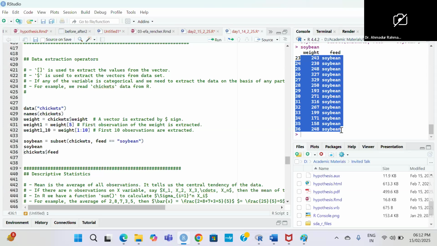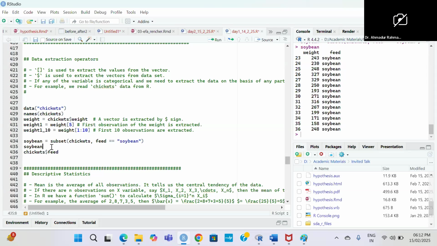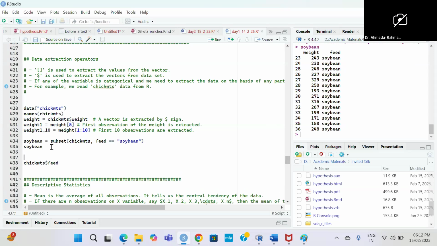Okay, we may change this. Just suppose we want linseed or meatmeal, suppose meatmeal. Meatmeal is equal to subset, then the data set name chickweights, then comma, and we give the conditions for what we are going to select the values.